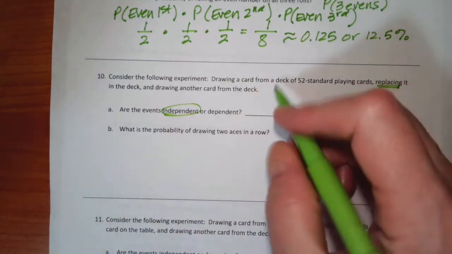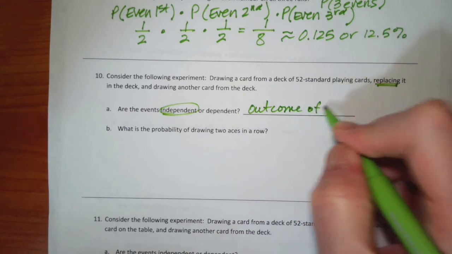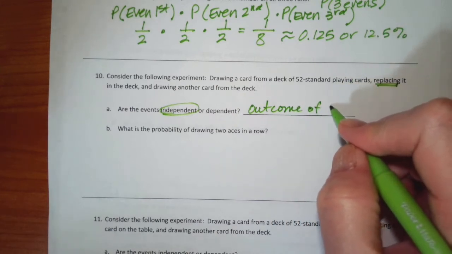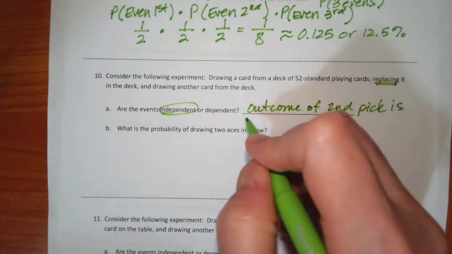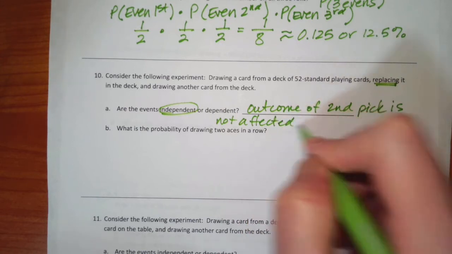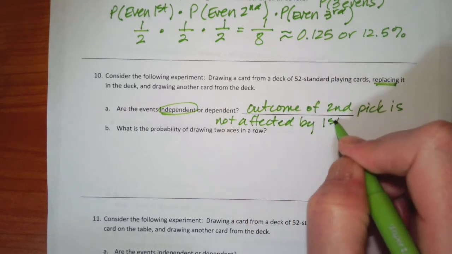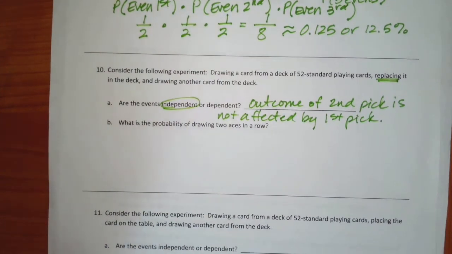And again, the outcome of the second pick is not affected by the first pick. Why is that? Because we're putting it back.